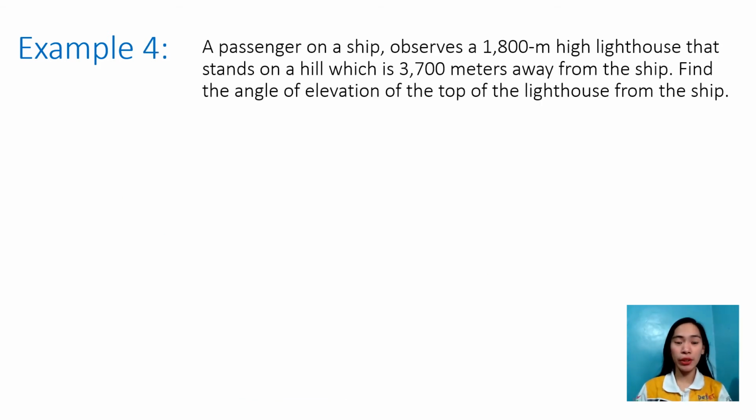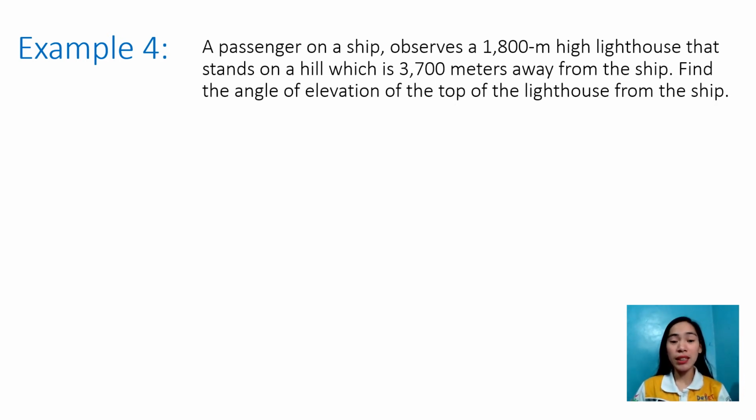Example number 4. A passenger on a ship observes a 1,800 meter high lighthouse that stands on a hill, which is 3,700 meters away from the ship. Find the angle of elevation of the top of the lighthouse from the ship.